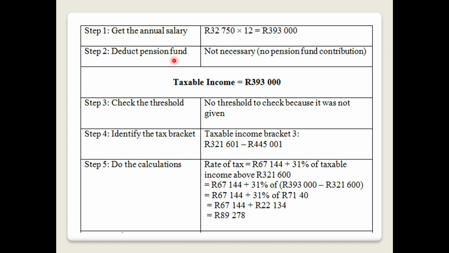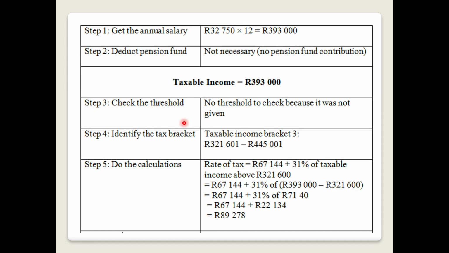Step number 2 is not necessary because in the question they said Peter does not belong to a medical aid or a pension fund. So no pension fund contributions. So therefore the meaning is that amount is also his taxable income. Then check the threshold.